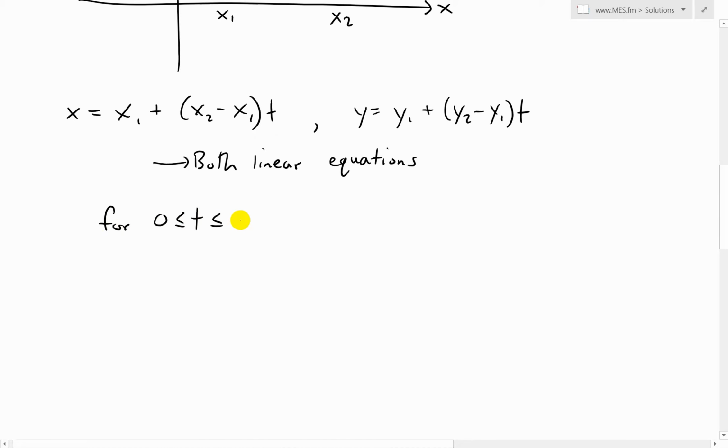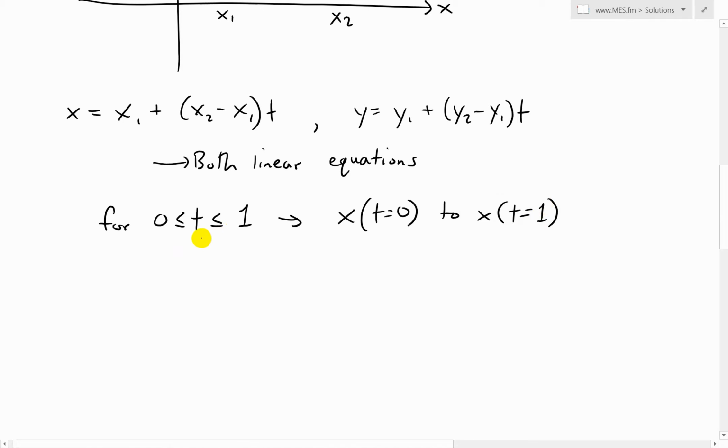This corresponds to the same thing as writing x of 0 to x of 1. Let me fix that up: x of t at t equals 0 and x of t at t equals 1.